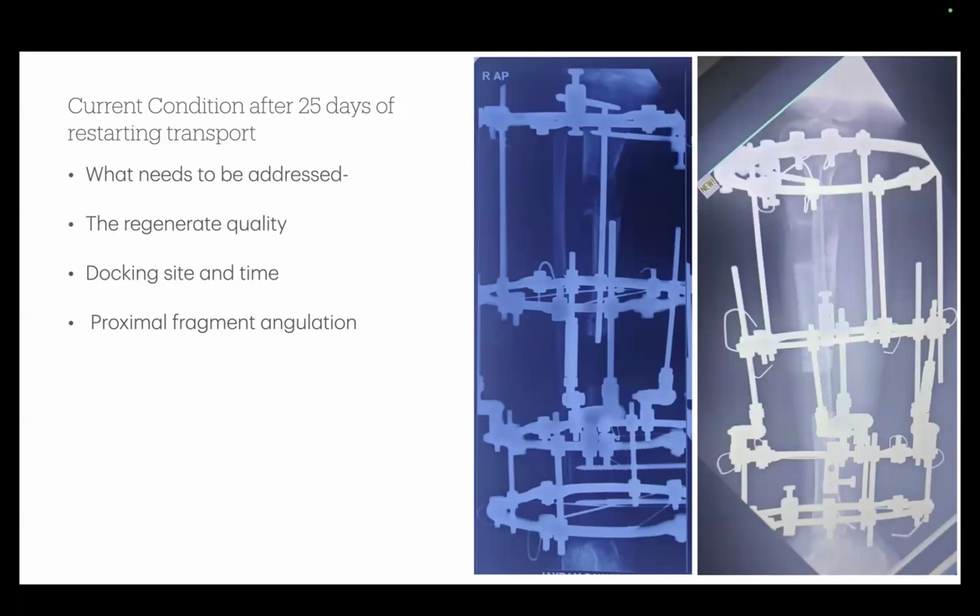Second thing could be to go back in terms of the distraction and see whether it is going back, and then treat that also as a non-union and do a separate osteotomy. Try and get contact between the proximal, that is the transport fragment, and the distal fragment by closing up that gap.